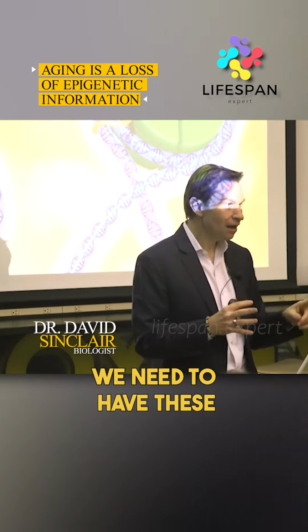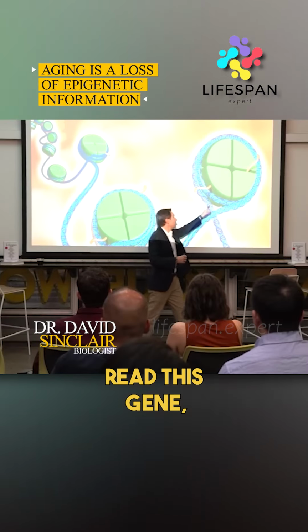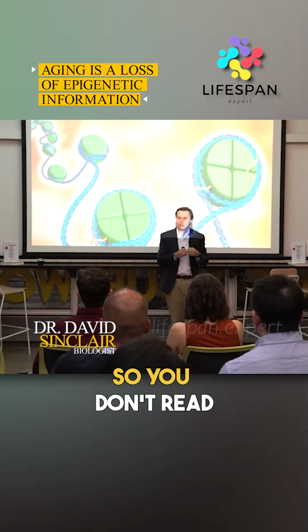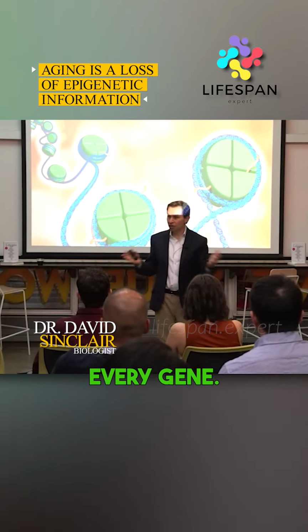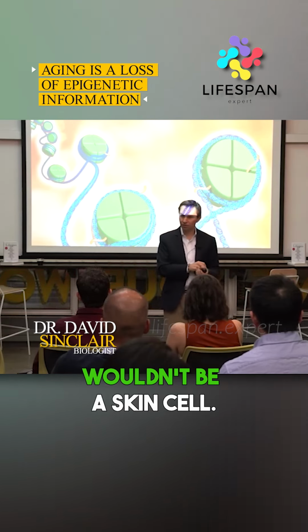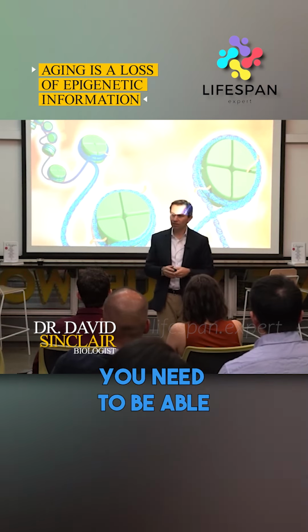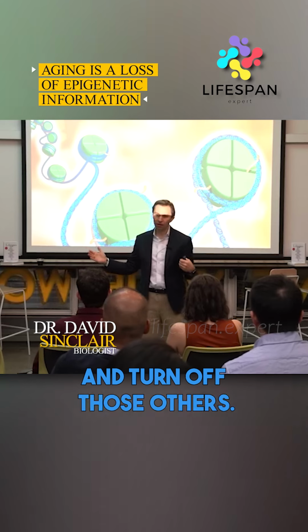We need to have these structures that say, read this gene, but bundle up all these others so you don't read those genes. If all cells read every gene, a nerve cell wouldn't be a nerve cell, and a skin cell wouldn't be a skin cell. You need to be able to tell it, only read those 10% of genes and turn off those others.